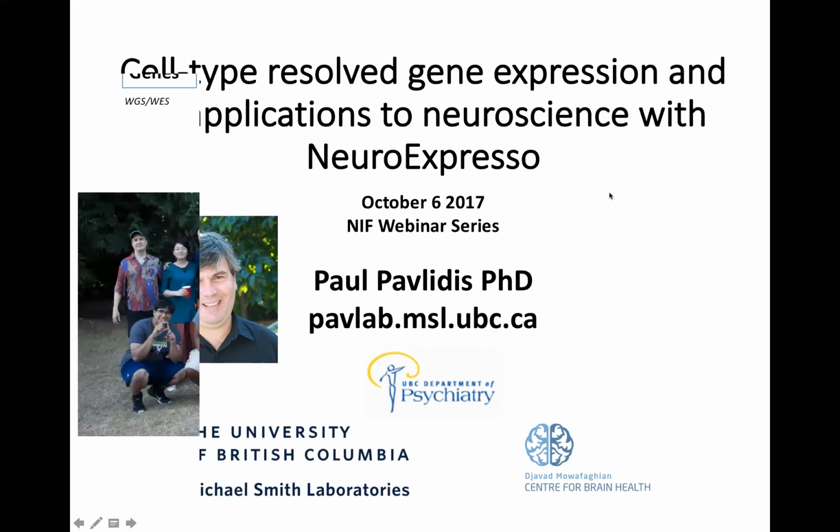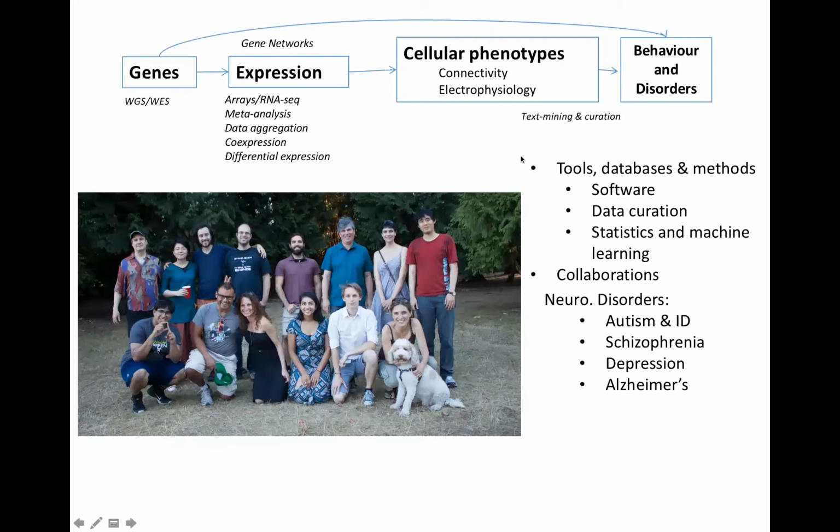It's still quite new, and I thought I'd start by giving a little bit of a background about my lab and sort of where we're coming from. And so my background is in neuroscience, originally training in neurogenetics and molecular biology, and I've been doing computational research purely for almost 20 years now.